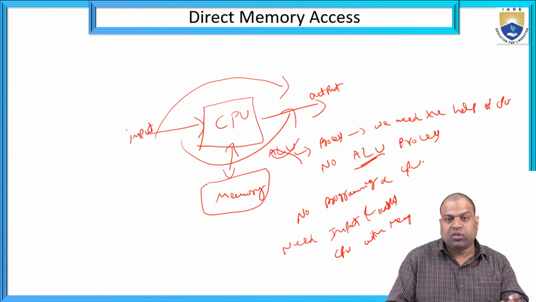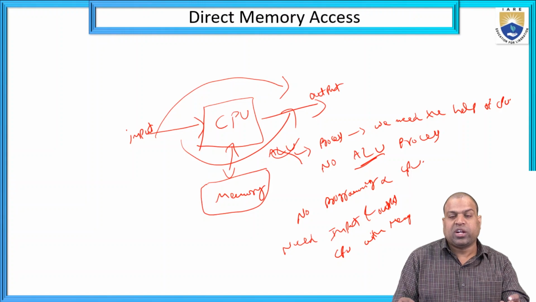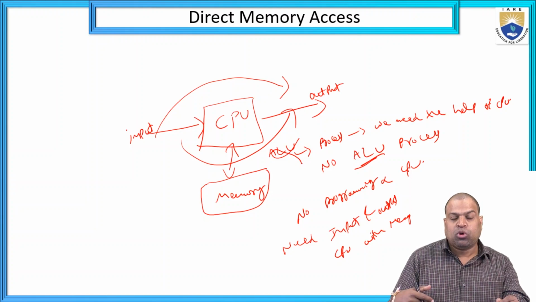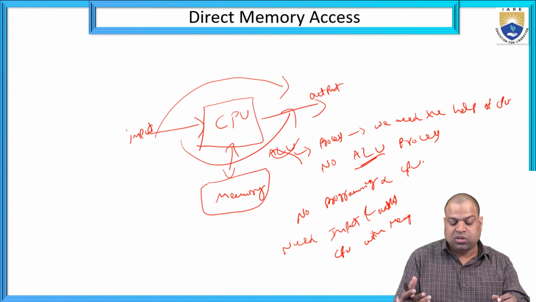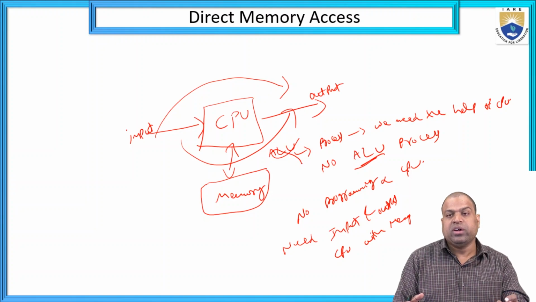If I have no need of ALU, there is no need to connect to the CPU. Why? Because unnecessarily connecting all the inputs to the CPU, even without ALU work, makes the CPU more burdened and its lifetime will decrease. The burden means unnecessary programming will be done, so the lifetime of the CPU will be decreased.